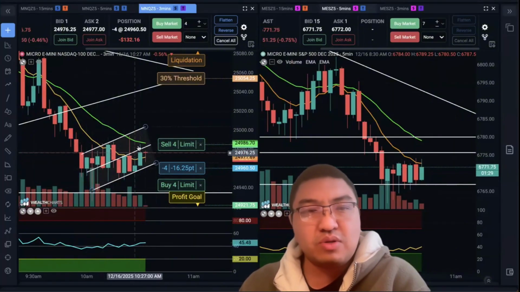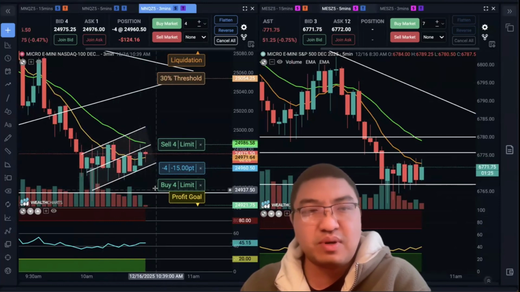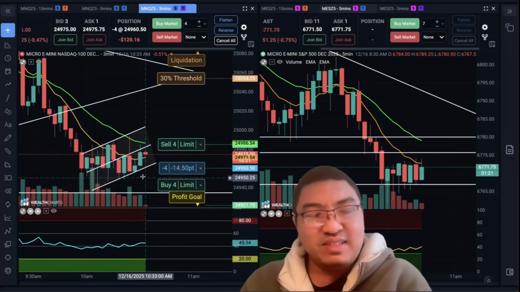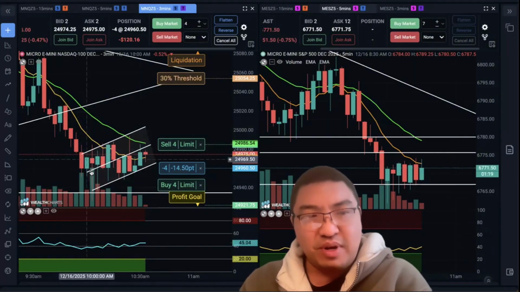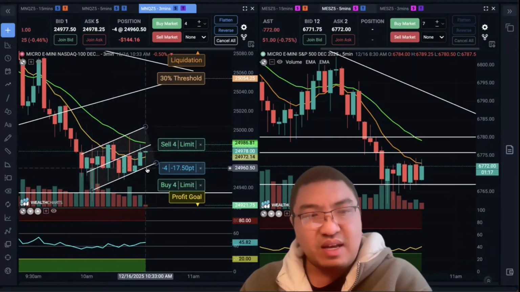Oh my God, I could have just traded this sideway, 200, 200, 200, 200, and reached my daily goal. It breaks out and it stops being sideway.